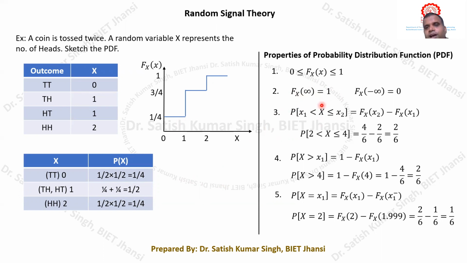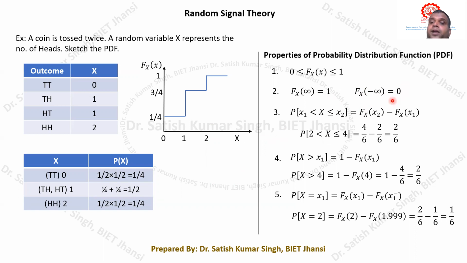Therefore this probability has to be equal to 1. Similarly, when we calculate Fx(minus infinity), this represents the probability that the random variable x will be less than or equal to minus infinity. It is not possible to go less than minus infinity, because minus infinity is the extreme point, so we cannot have any x value which is less than minus infinity.